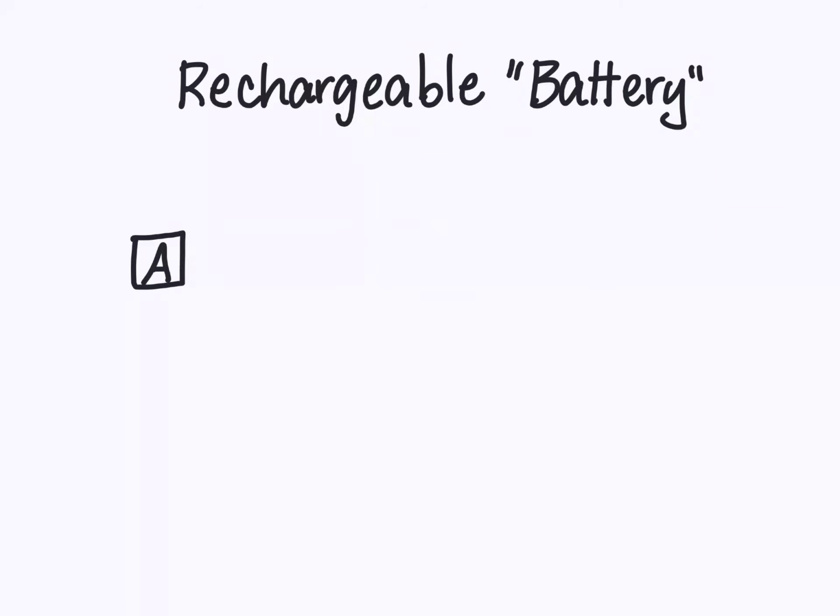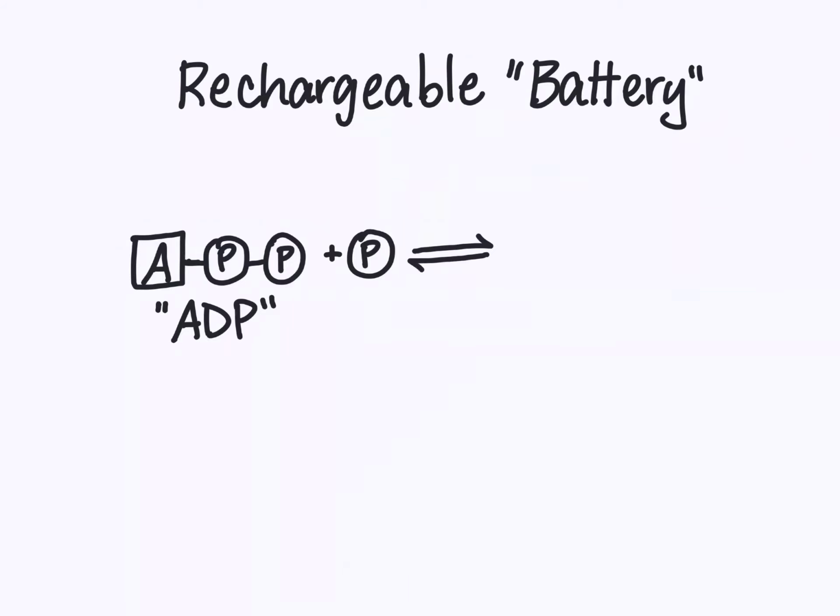So the A stands for the adenosine, and then I'm just going to draw two phosphates for our ADP. And then we can have a phosphate kind of hanging out on its own. And then we can draw a double-sided arrow because this is a reversible reaction. And we can form ATP.